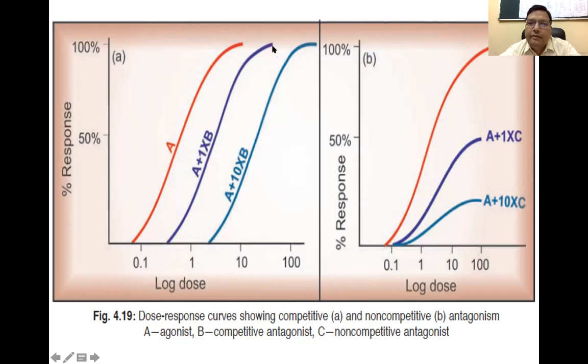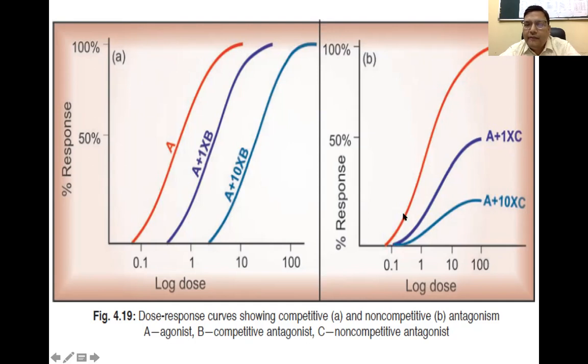So we are getting the maximum effect by increasing the concentration of the agonist. And when we increase the dose of the competitive antagonist 10 times, we require more amount of drug A or the agonist, and we can still get the same response. From this rightward parallel shift of the dose response curve, we come to know that this drug is a competitive antagonist.